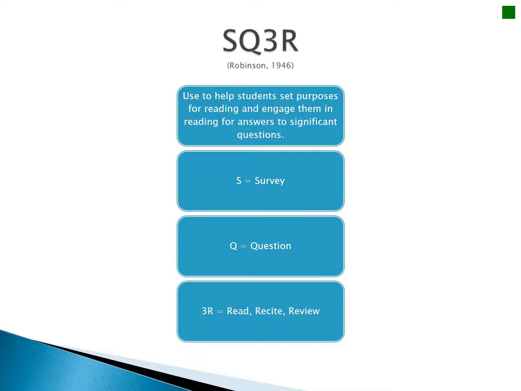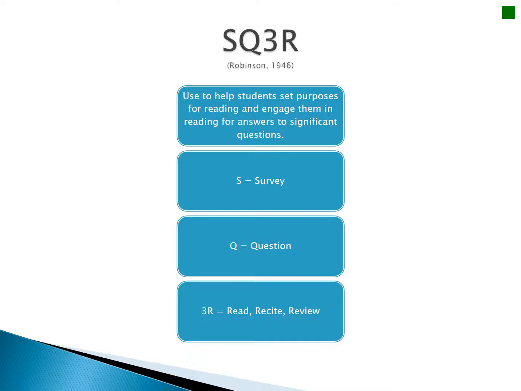So first we have them survey the text, glance through what they're going to be reading. Maybe it's a section of their science chapter, their social studies chapter. They survey the headings and the bold words. They might also look at the various text structures, such as the maps and charts and that sort of thing.